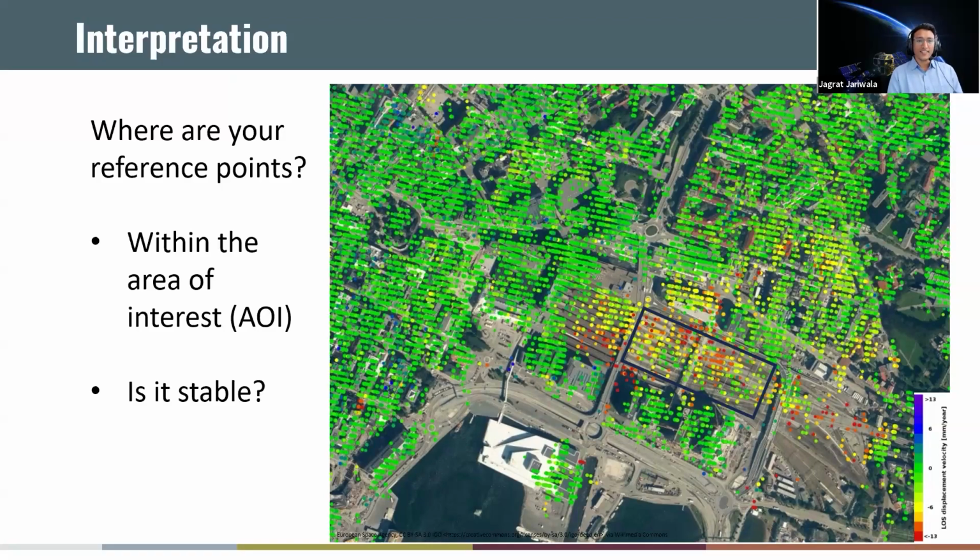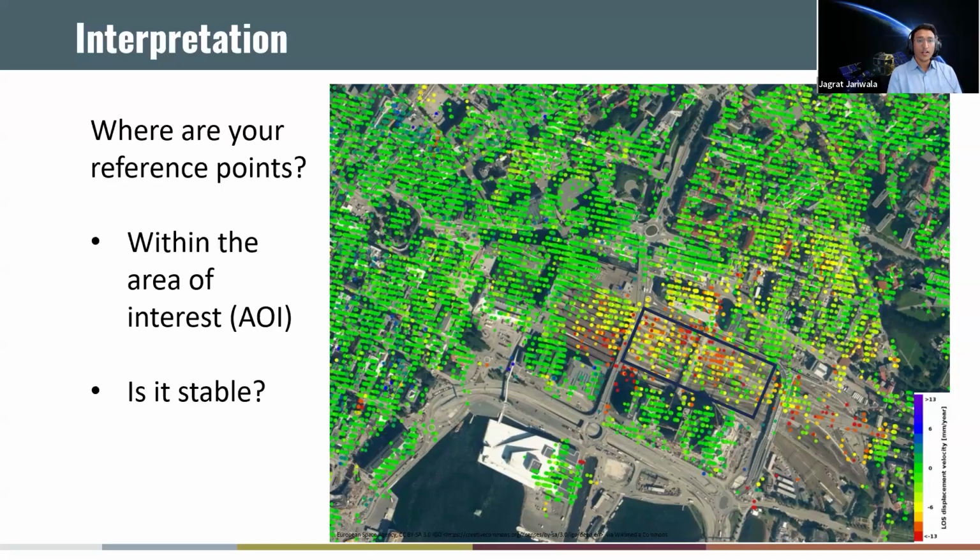So InSAR is relative in time and space, meaning for the time period that you evaluated movement estimates, the first estimate is going to be a zero estimate, and all the subsequent movements correspond to that zero estimate. So many millimeters of movement from date X, which is the first estimate.